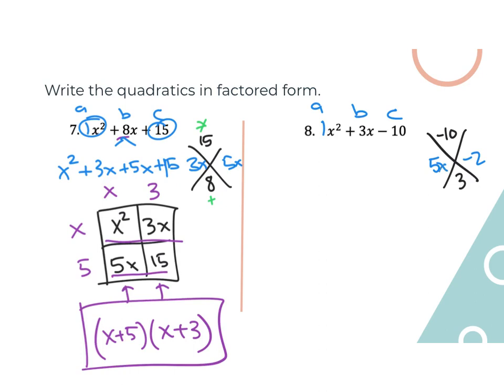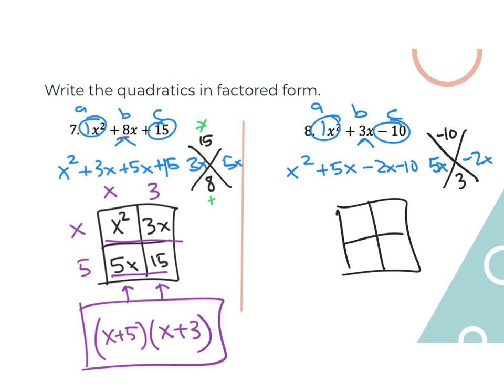So those things are going to get x's, and I'm going to split off this 3 in the middle. Keep that, keep that. X squared plus 5x minus 2x minus 10. And here we go. Inside the box, I've got x squared, 5x, -2x, and -10.